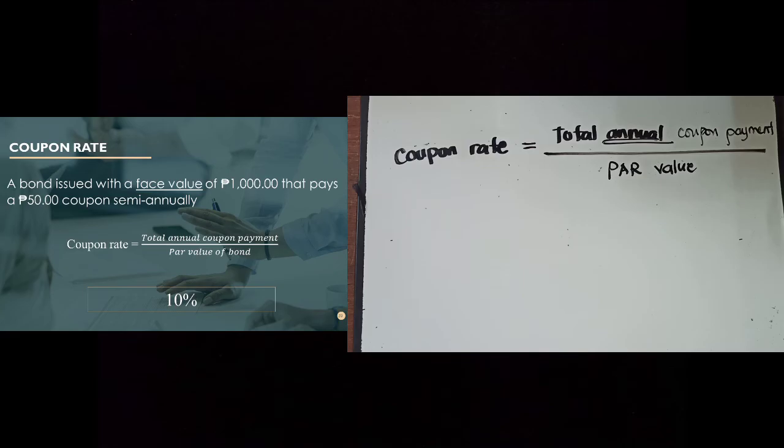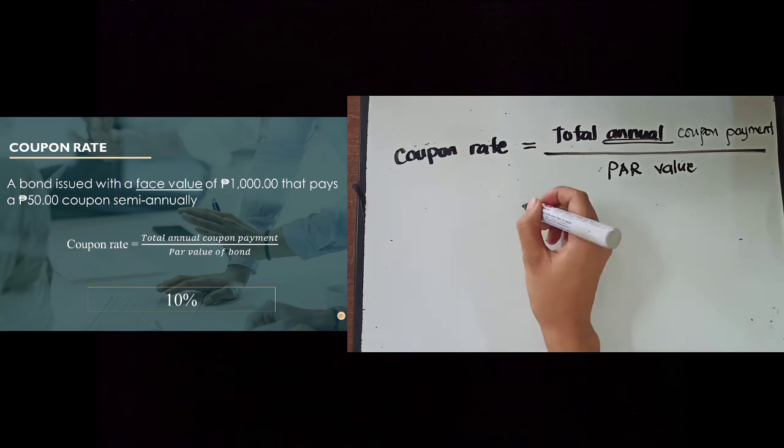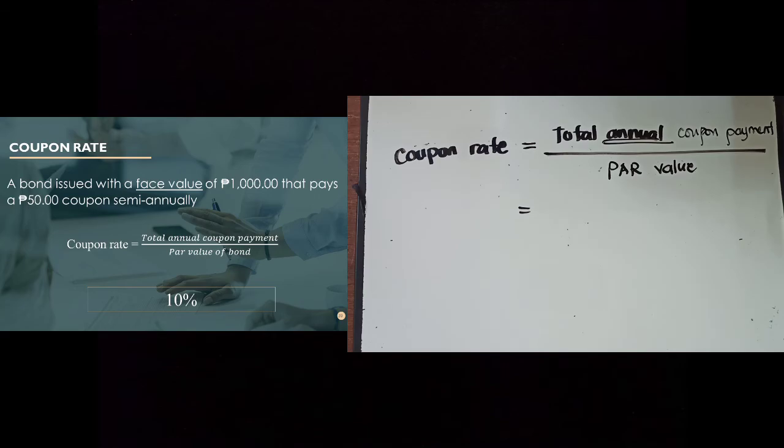So, for example, a bond issued with the face value of 1,000 pesos that pays a 50 pesos coupon semi-annually. So, substitute lang natin kung ano-ano ba yung given natin dito. What is the total annual coupon payment?